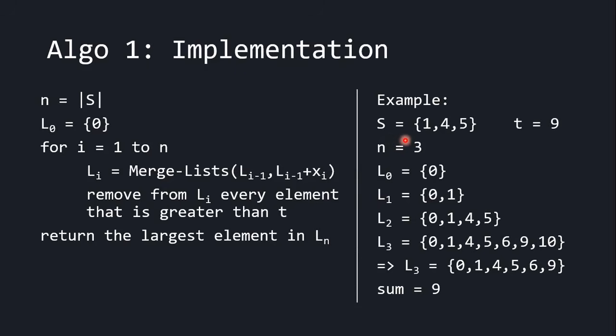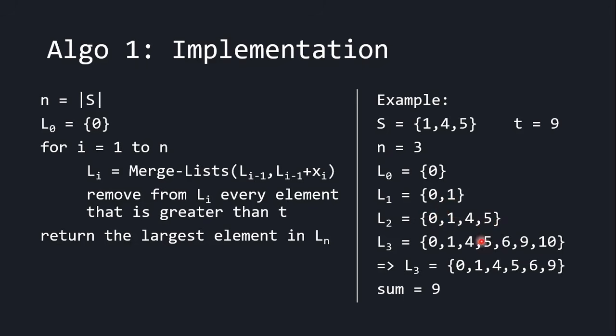S is an array with elements 1, 4, 5 and t is 9. n will be 3. L0 will be a list with only one element which is 0. To find L1, we need to increment L0 by 1 which will give us 1 and this will be merged with L0. To find L2, we need to increment L1 by 4 which will give us 4 and 5 and this will be merged with L1.